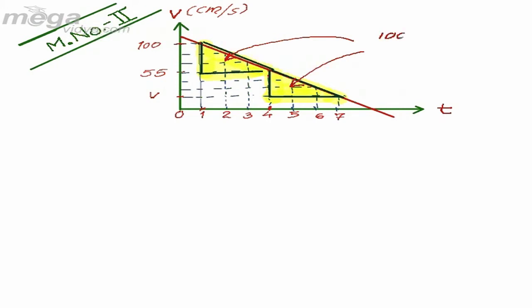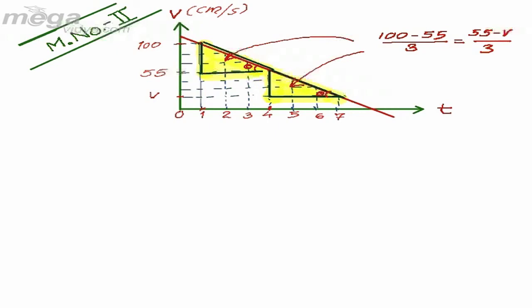Just 100 minus 55. It is the length of this side divided by 1 to 4, which is equal to 3 seconds, which is this side of the triangle. So perpendicular upon base, if we are talking about this angle, say this is theta, then for the second triangle, it comes out to be 55 minus v divided by 3. 55 minus v is this side, and 4 to 7, this side is 3.